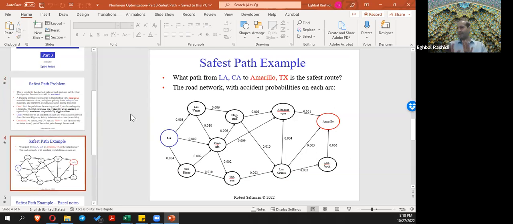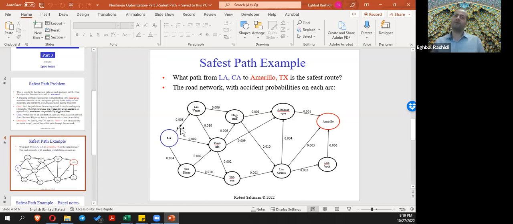So this is not exactly the general network, but it shows part of it. We are starting from LA. You see that from LA we can go to the 3 neighbor cities. We can go to Las Vegas, Phoenix, or San Diego, and the values you see on these edges are the probability of accident.